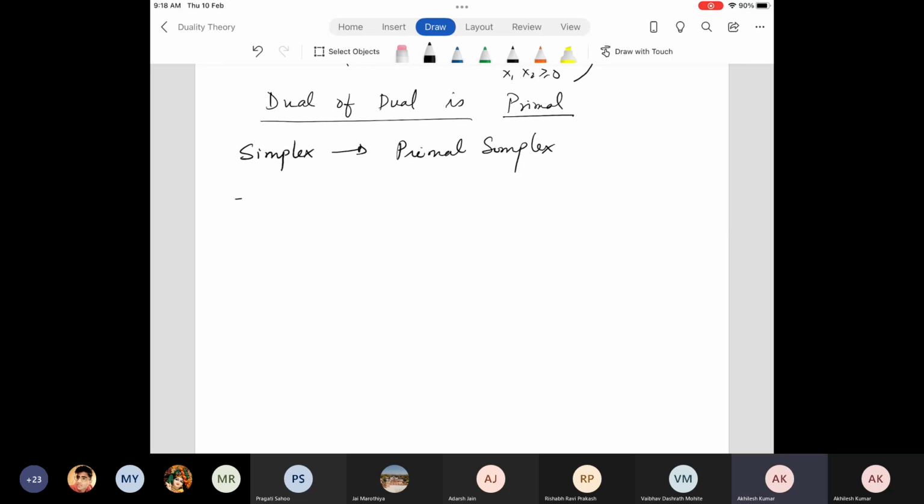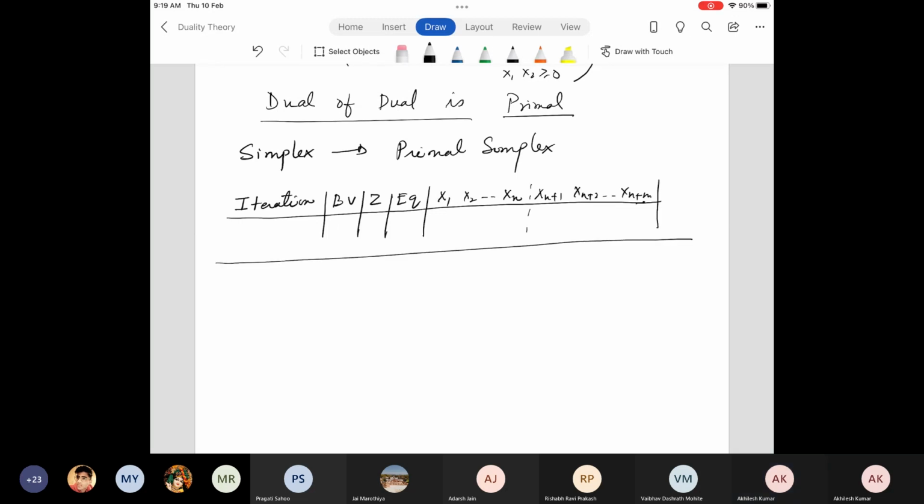At any iteration, when you are solving any problem, x1, x2, xn are the original variables and these are the slack variables.